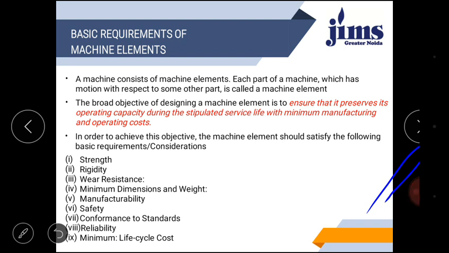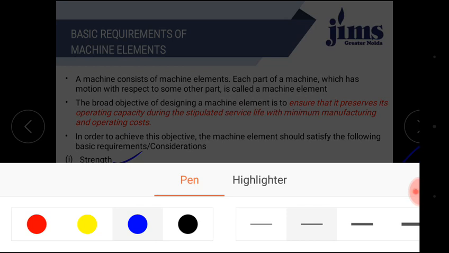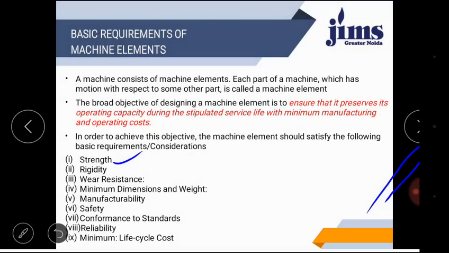In this slide you can see, I'm using blue color to show you: strength, rigidity, wear resistance, minimum dimensions and weight, manufacturability, safety, conformance to standards, reliability, and minimum life cycle cost.